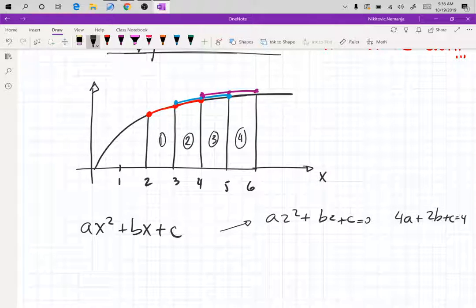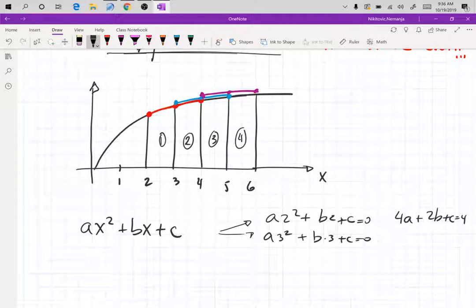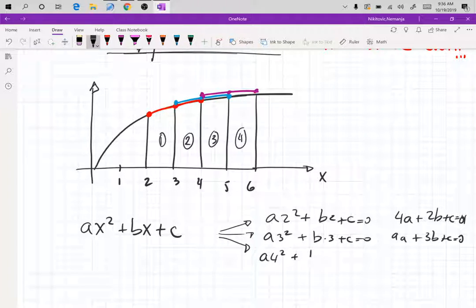And then similarly, you have to also fit this one through x equals 3. So you have a3 squared plus b times 3 plus c equals 0. So that gives you 9a plus 3b plus c equals 0. And then you also have to fit through 4. So a4 squared plus b times 4 plus c equals 0, and you get 16a plus 4b plus c equals 0.